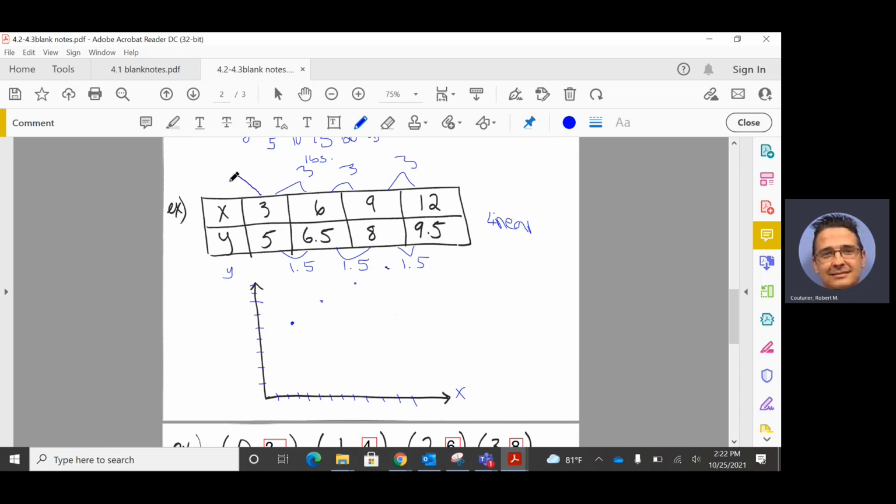So if I go backwards, taking this to 0, I take 5 and subtract the 1.5, and I end up with 3.5. Notice how it falls in line? You can predict this. Whenever x is 0, that is your initial value.